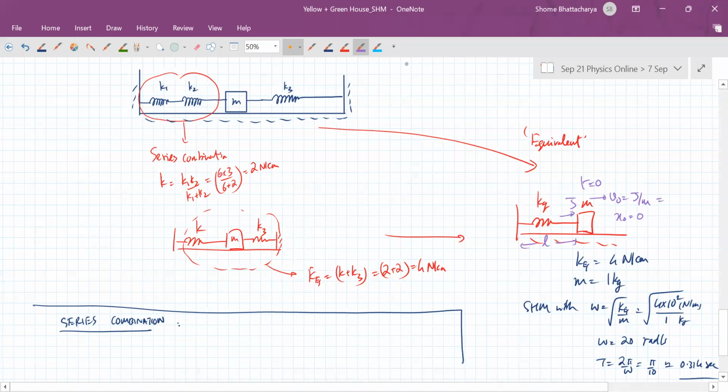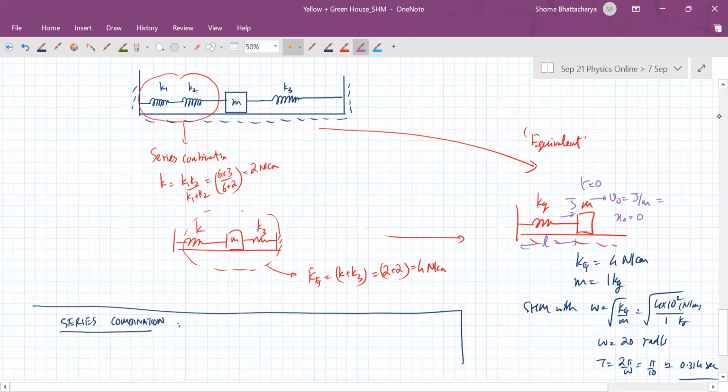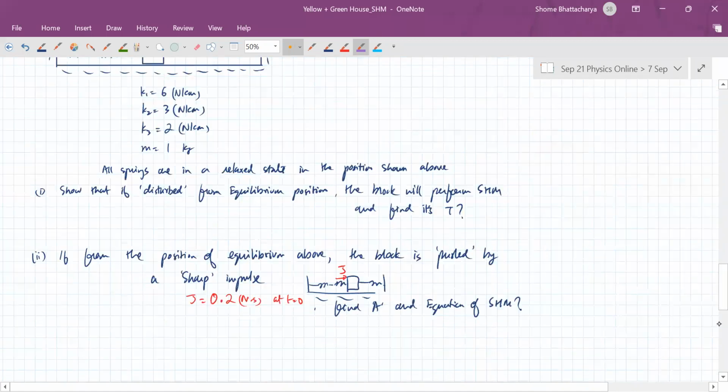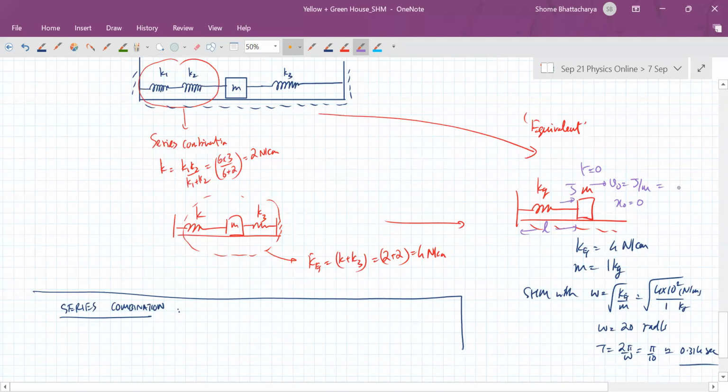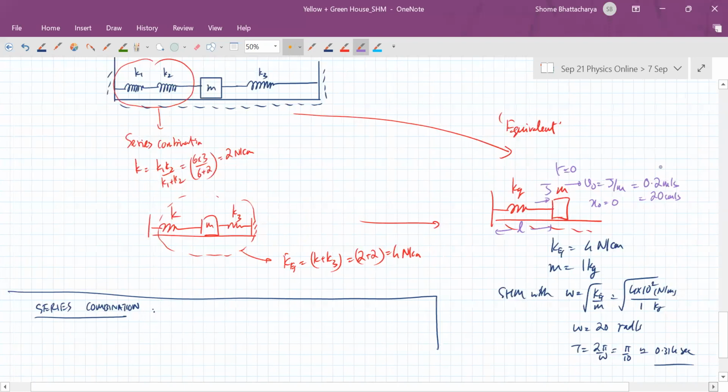This impulse that we had applied was 0.2 Newton second. So 0.2 divided by 1, so it will have 0.2 meters per second, or 20 centimeters per second initial velocity. That is what we'll use to find the amplitude.